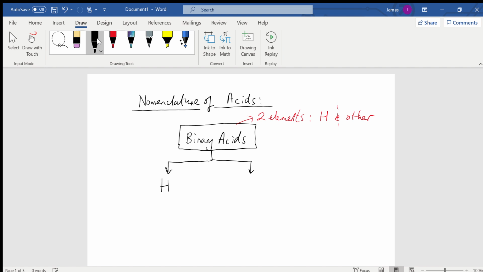So we've got an H, and then we've got a variety of other elements that would make monatomic ions, specifically an anion, because H is going to form our cation.